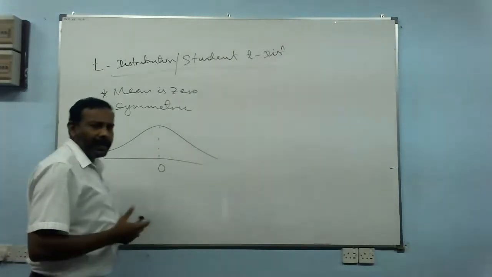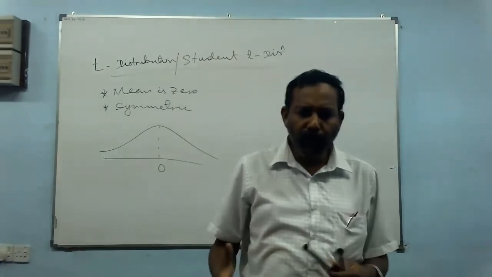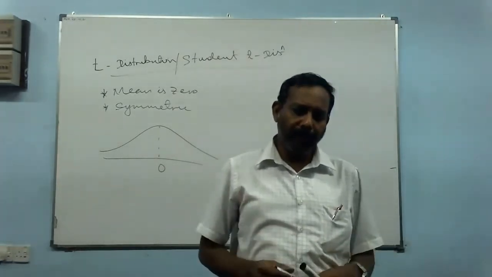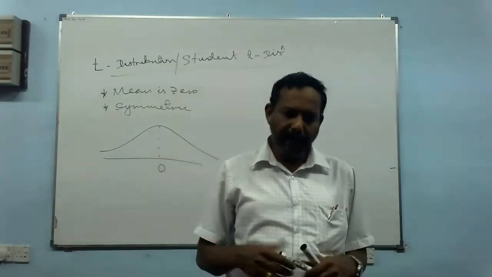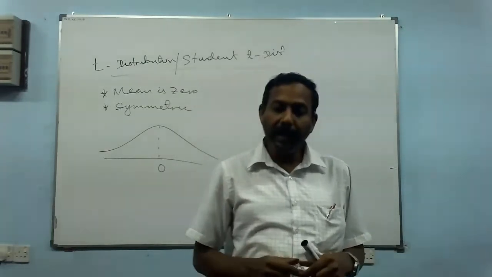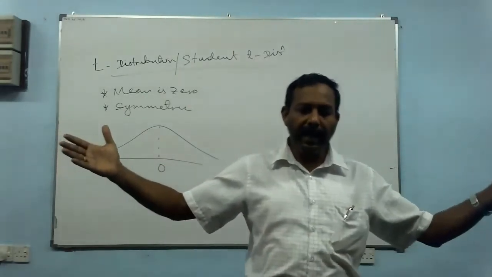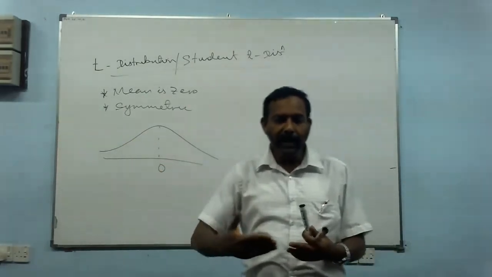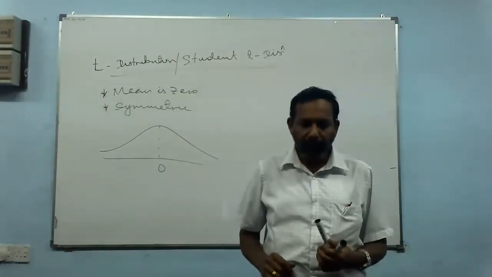Where are we using this distribution? The T distribution is used when the sample size is small, so we cannot assume normality. Can you remember we talked about normality already? When the sample size n is high, then we can assume normality, then we can go for the Z test and so on.